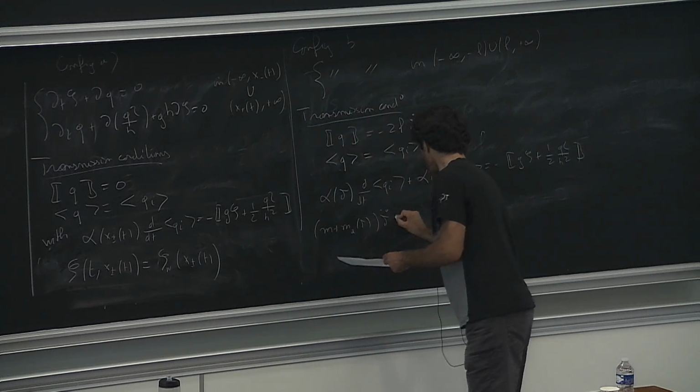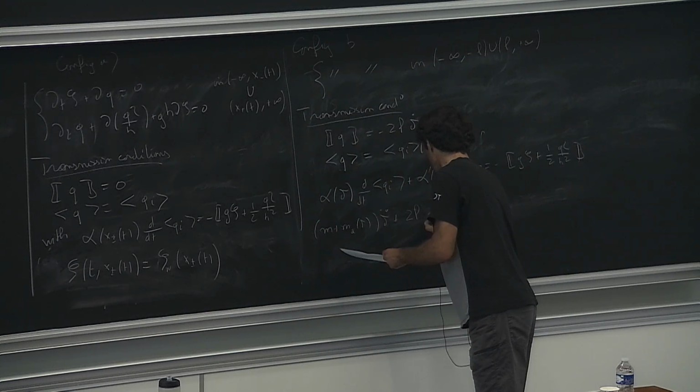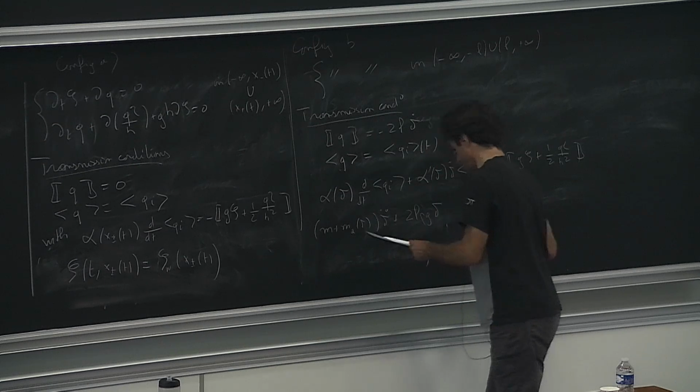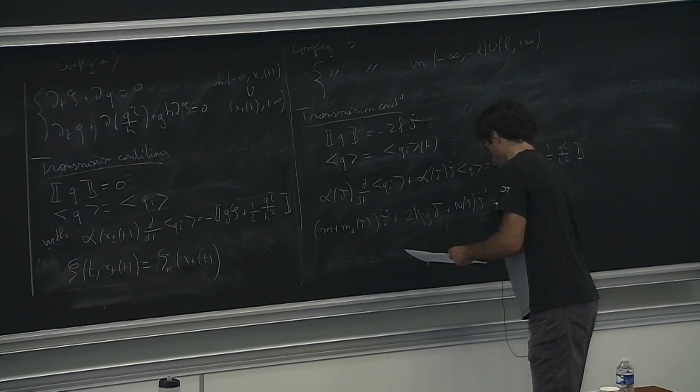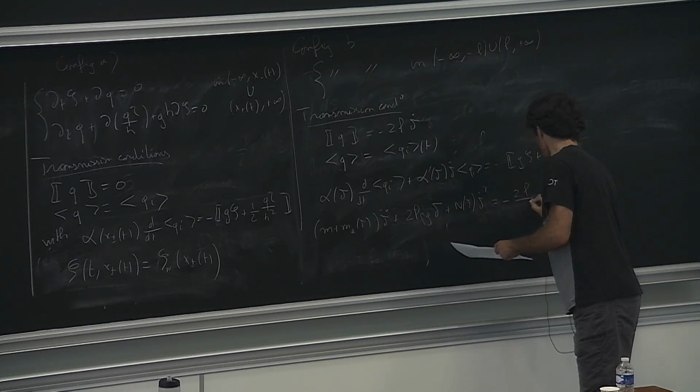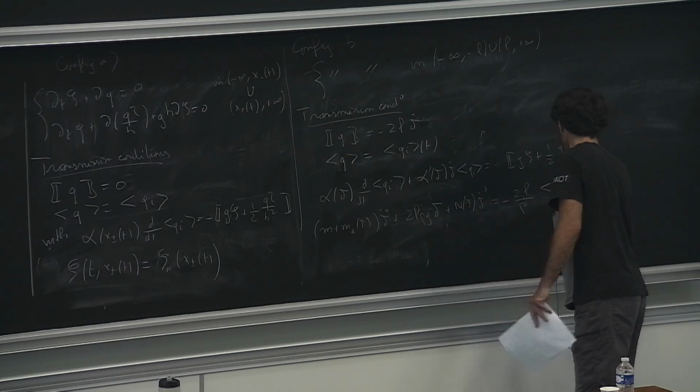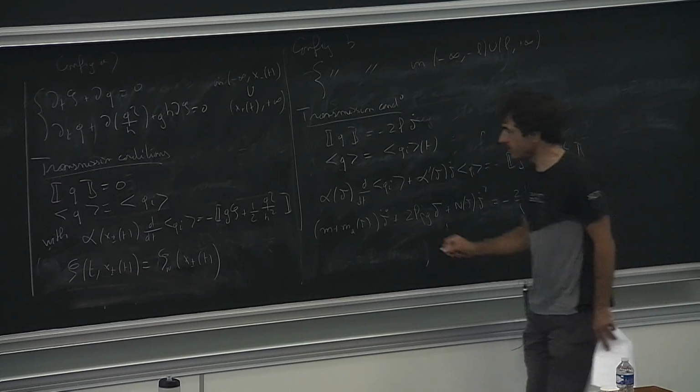dot dot plus 2L rho g delta plus this nonlinear function that I don't write is equal to minus 2L over rho times the average of the same quantity.